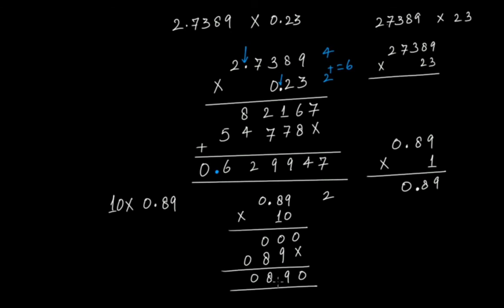Place your decimal point here. So the answer will be 8.90, or simply you can write it as 8.9, because this 0 tells us that at the hundredths place we have 0 only, so no need to write that. Okay, so this is a way to perform multiplication involving decimal numbers.